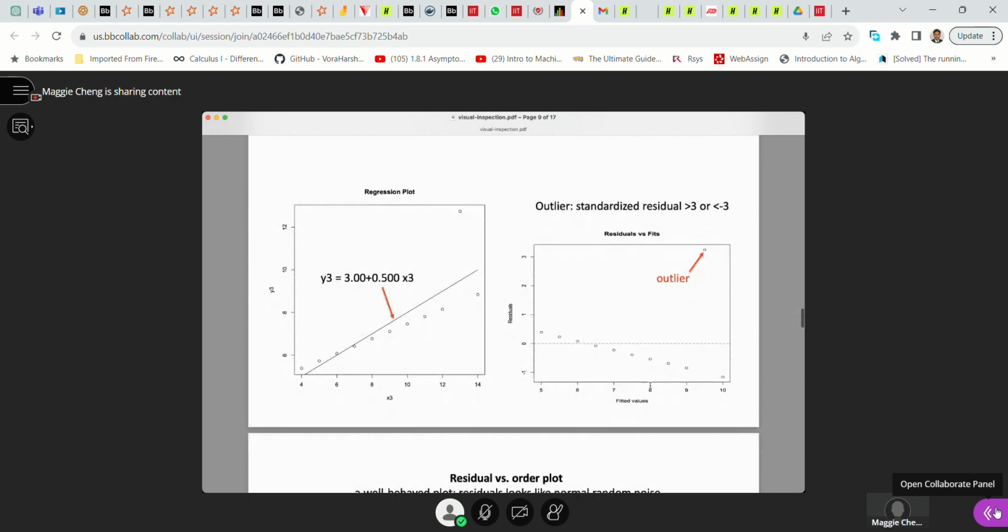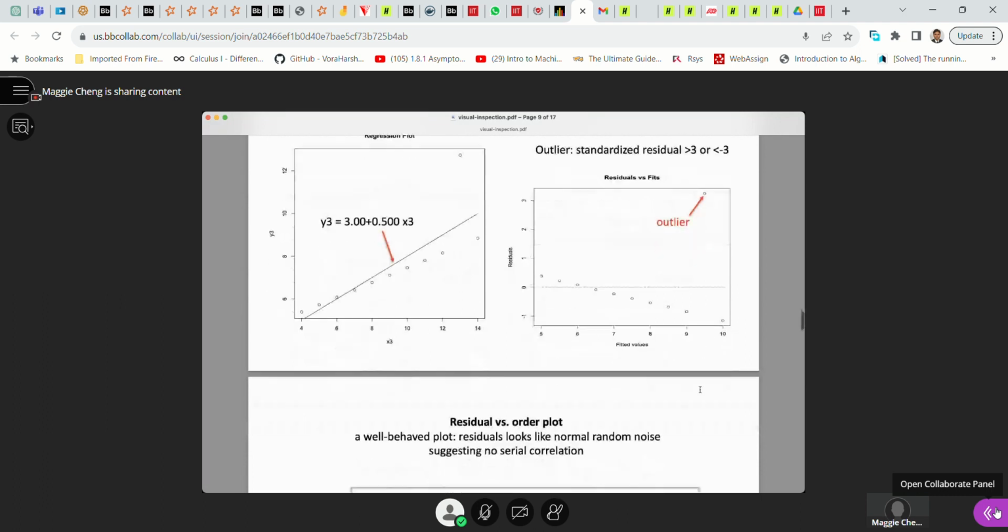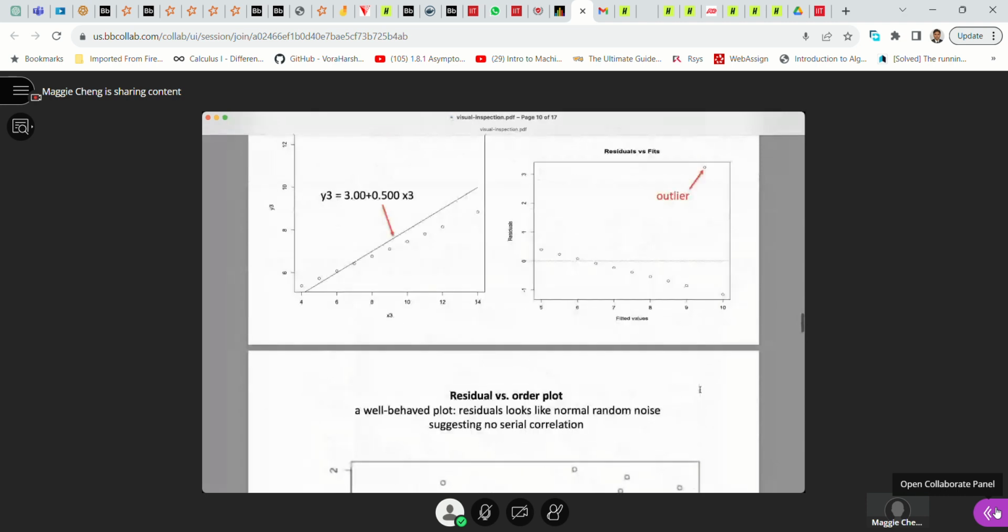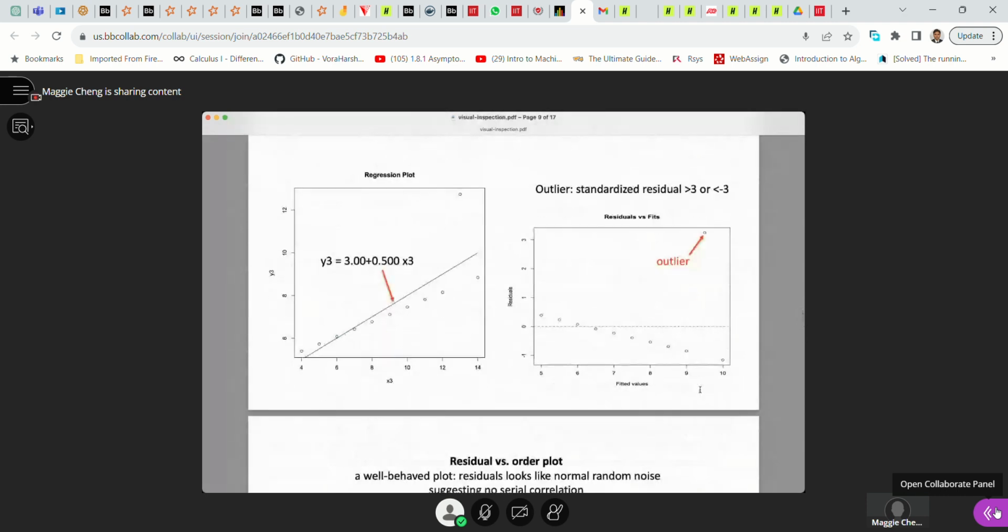But if you look at the residual versus the fit, this one certainly has a much bigger residual than the rest. You'll see here, Ri is either greater than 3 or less than -3. That's the first internally standardized residual here. You can easily detect this is an outlier. Okay, that's all we talked about so far.